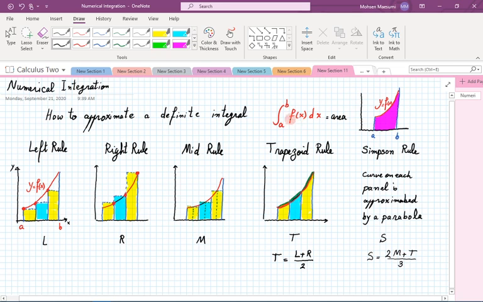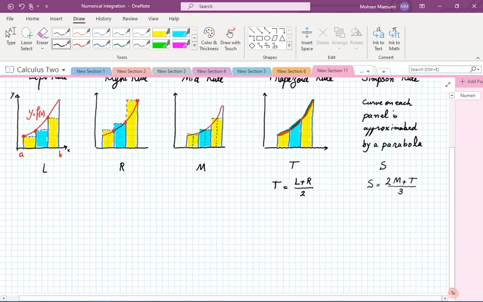You typically want to use these methods for functions you couldn't do in calculus 1 or 2, but just to get started without having additional complication, we are going to take this example. So suppose we say find the integral from 1 to 3 of x squared dx using left rule with 10 panels.